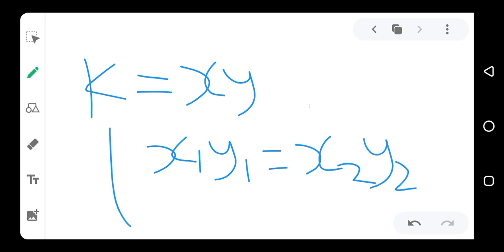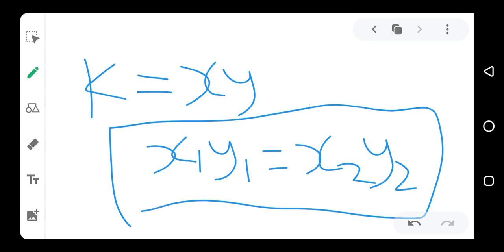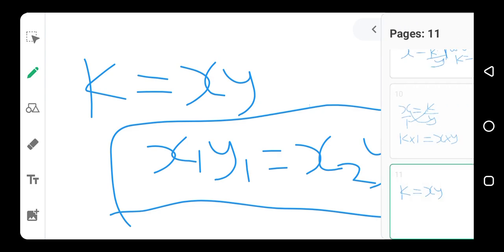So for inverse variation, we can use this formula, or we use the first formula. For inverse variation, we use this formula, that x1 y1 is equal to x2 y2. Now let's solve an example.